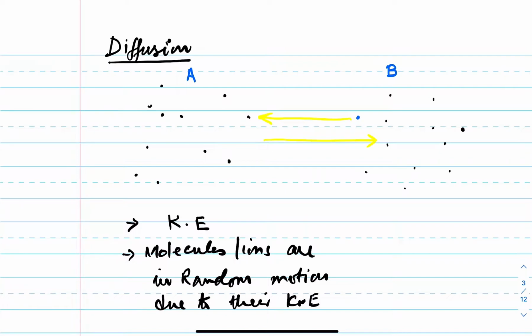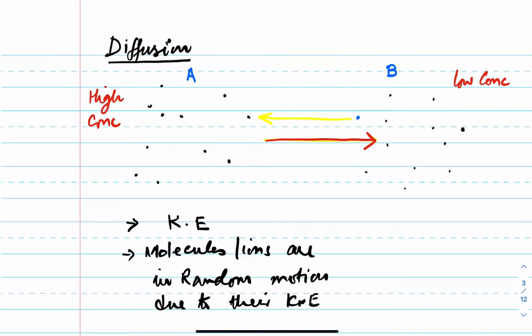So they will be mixing up together. For example, if there is high concentration of oxygen or any other gas here, and low concentration here, the molecules will be moving in both directions, but the net movement of these molecules will be higher from A to B, and they will continue to move until the concentration in both of these regions becomes the same.